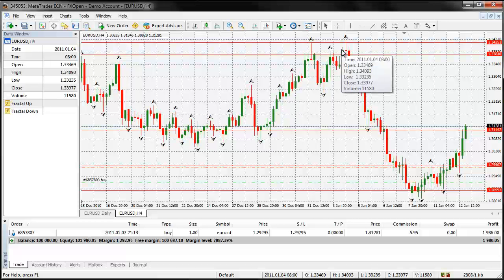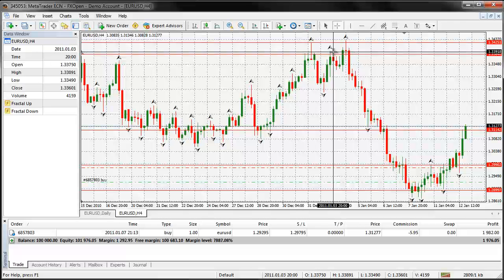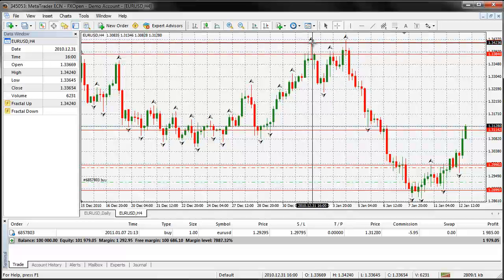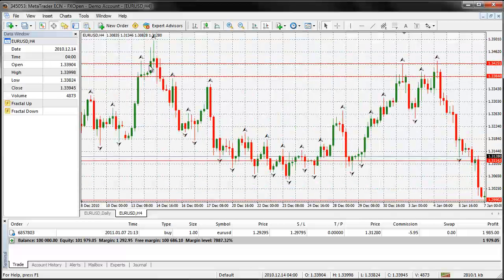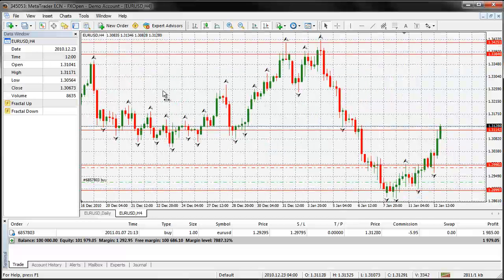Now, you've got to be very careful when you see this appearing and don't want to jump straight into it, because you want to take a look at the next fractal above it and then calculate and say to yourself, is 29 pips really worth the risk when we've already established that this level here is already a resistance level? So look left, look right before you cross the road.